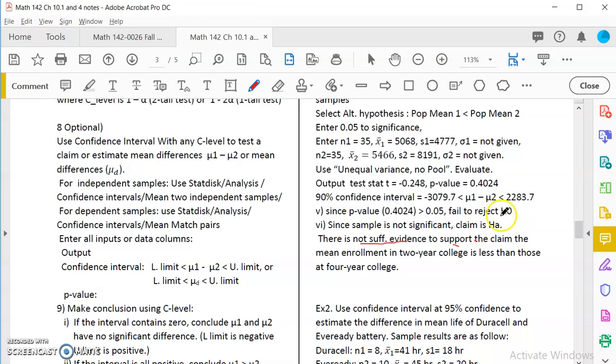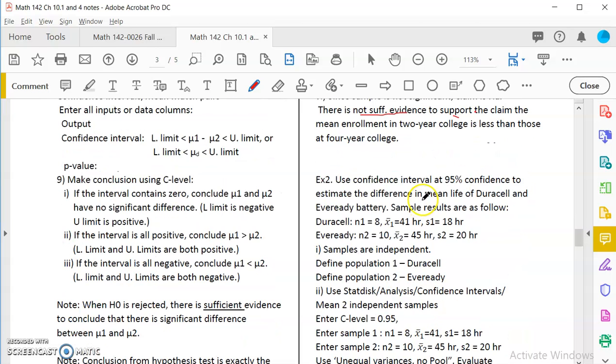H0 actually predicts what the sample is. There's a 40% chance to get that sample. So we cannot support the claim that it is less than those at four-year colleges. They could actually be the same.